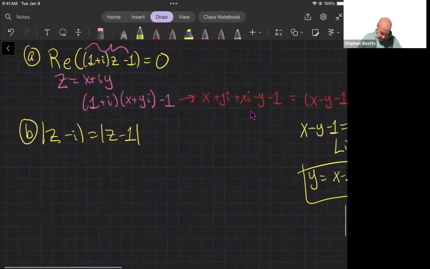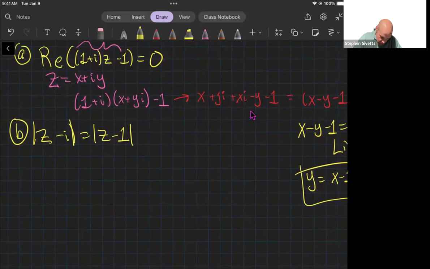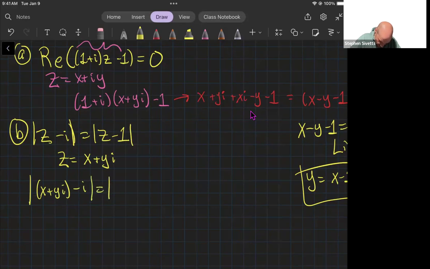Okay, part B: we want to look at complex numbers z for which the modulus of z minus i is equal to the modulus of z minus 1. If we let z equal x plus y times i, we can rewrite this quantity as x plus y times i minus i, and this has to equal x plus y times i minus 1.